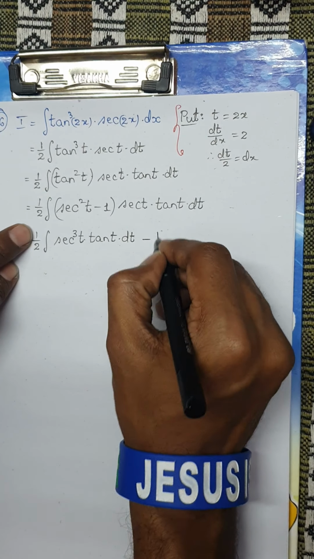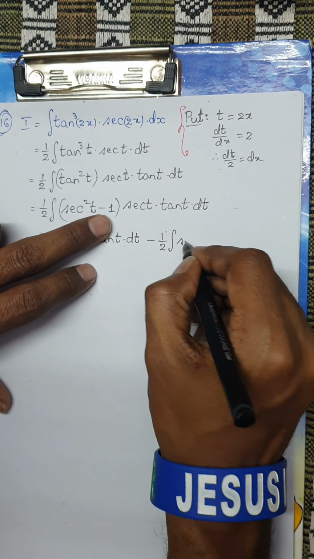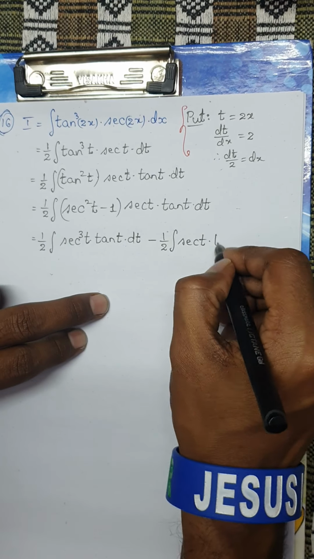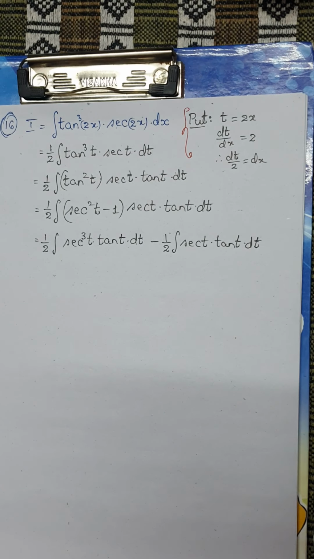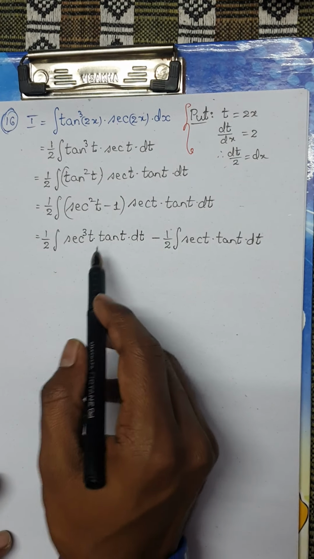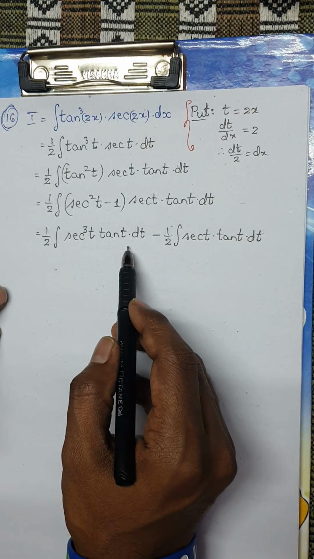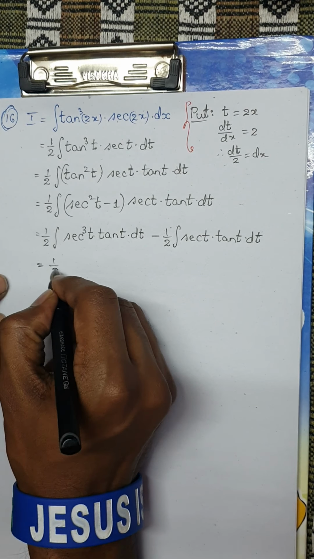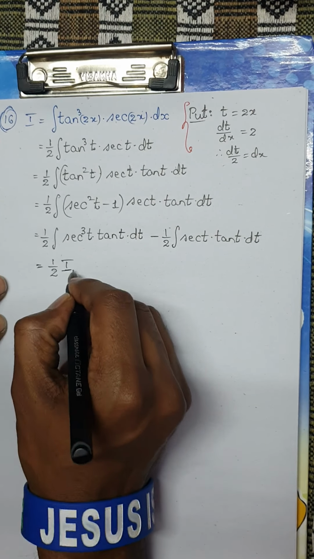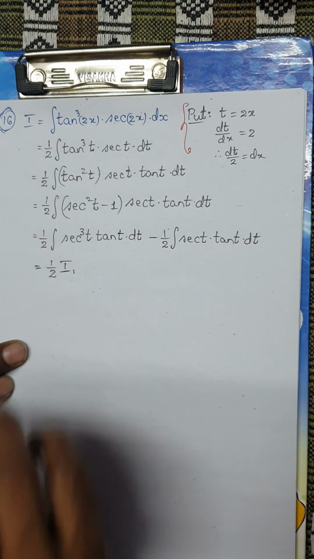again, let me split this integral for this also, half into integral of 1 into secant, so I'll get secant t into tan t dt. Okay, so look here, I have another integral of the form secant square t tan t. Now let me keep this as just half into I1, because I'll consider this as another integral I1, solve this and get it back.